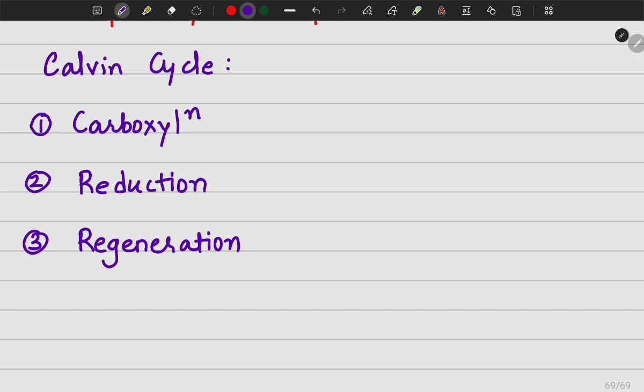In regeneration, the primary CO2 acceptor will be regenerated in the cycle, so that the cycle can continue inside the plant and more molecules of carbohydrates will be produced. These are the 3 main steps of the Kelvin cycle: first is carboxylation, second is reduction, and third is regeneration. Let us understand with the help of a diagram.